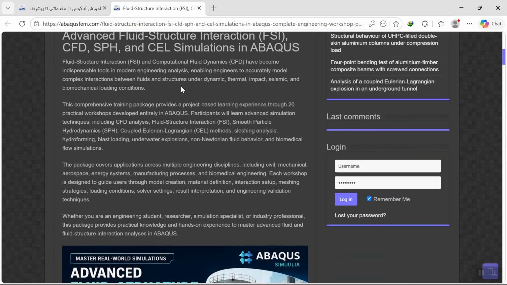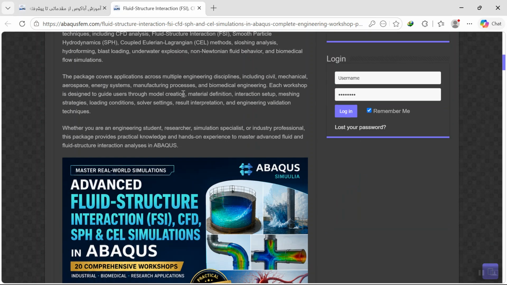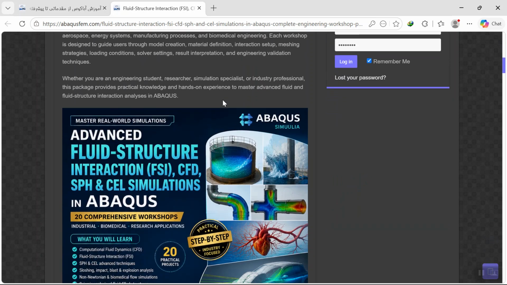In today's engineering world, understanding the interaction between the fluid and structure is more important than ever. Engineers and researchers are continuously faced with challenges involving fluid flow, structure deformation, impact loading, explosion, sloshing phenomena, and complex multiphysics interaction.